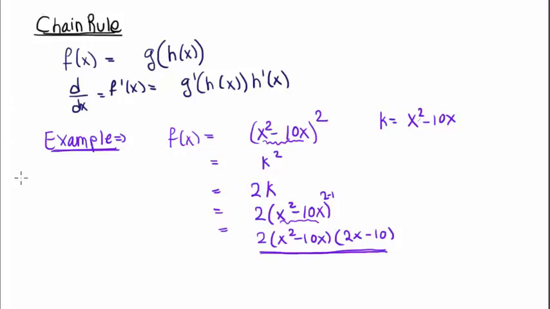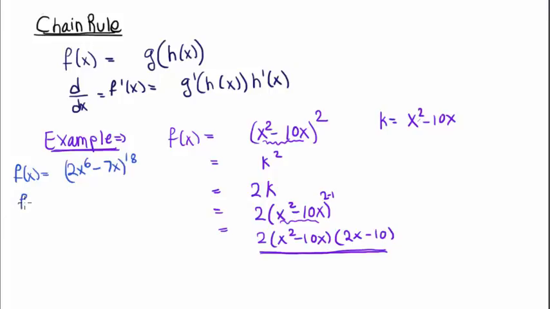So let's say I have f of x is equal to (2x to the 6 minus 7x) to the power of 18. Okay, so it's kind of a similar thing, just like we did over here.